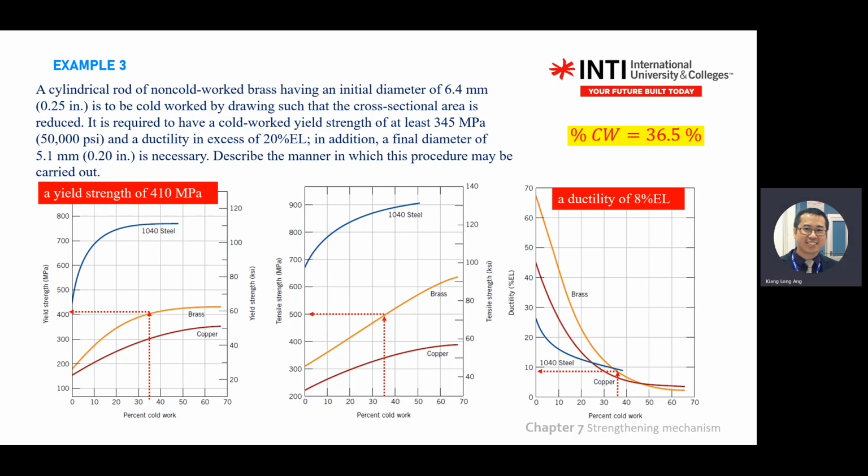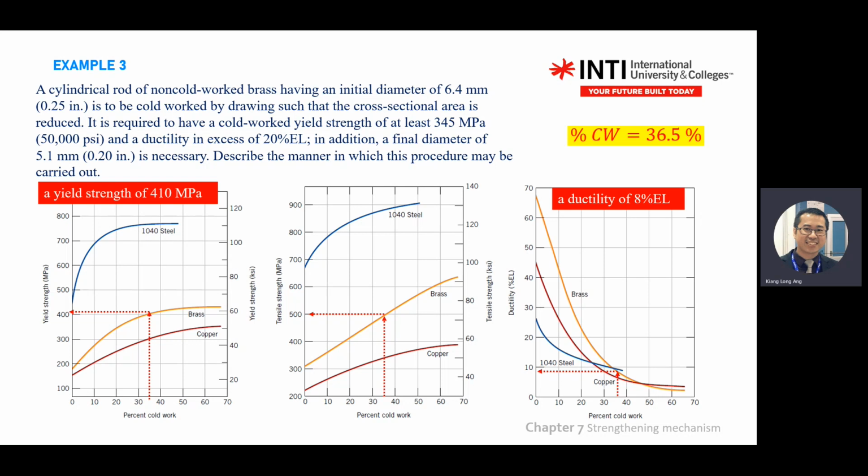So what you do? Customer wants 20%, right? So you go here. Minimum you need this 20%. You move here and you are dealing with brass. So 20% go here, move down. So what you do is you go to what the customer wants first.